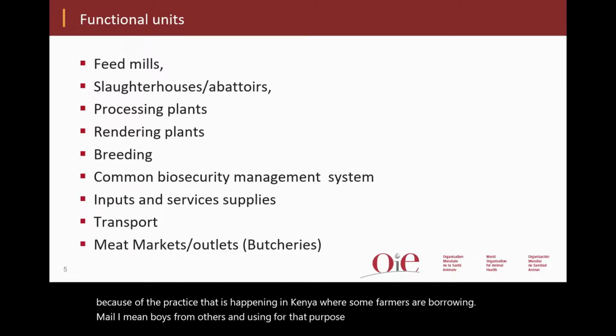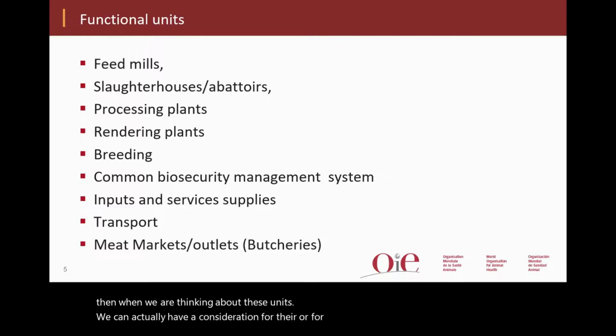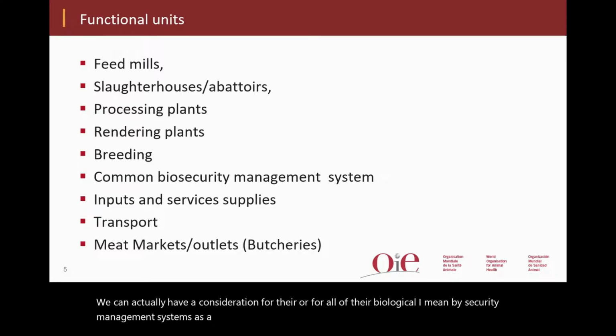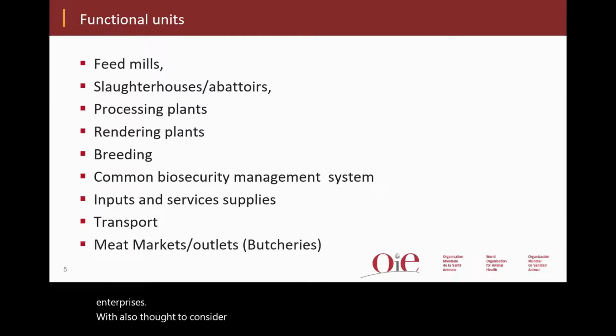So we said one of the units could be breeding, and then a common biosecurity management system to cap all these, so that when we are thinking about these units, we can have consideration for all of their biosecurity management systems as a unit which we are calling the compartment. Inputs and service supplies, like the vets who are offering these services and other regular services to these enterprises, we also thought to consider as a key unit.